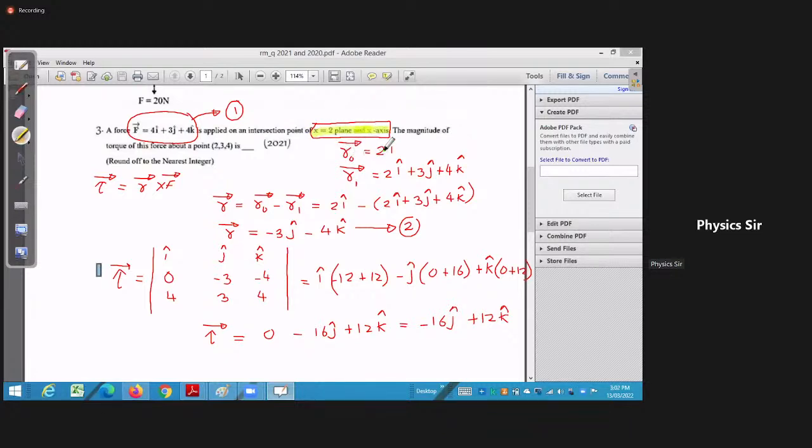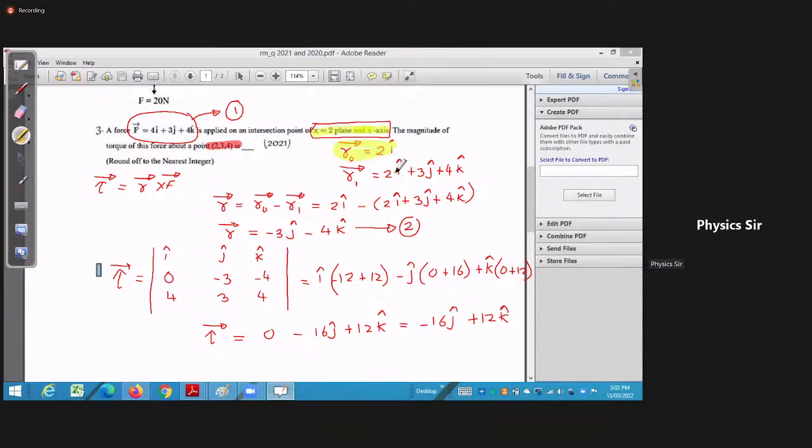X equals 2, मतलब coordinate 2 है x-axis में, तो कितना हो गया 2i cap. So I have to calculate the magnitude of this force about a point, which is 2 along x-axis, 3 along y-axis and 4 along z-axis.